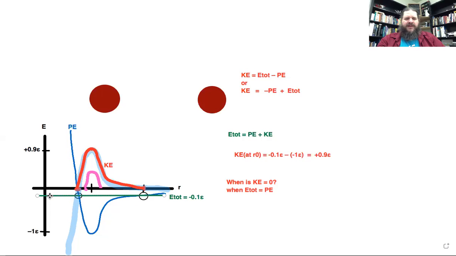So if we raise the energy even more, how high would we have to raise the energy to make it unbonded, to get rid of the restrictions on location? Yeah, if we raise E total all the way up to zero epsilon, let's say we make E total exactly 0.